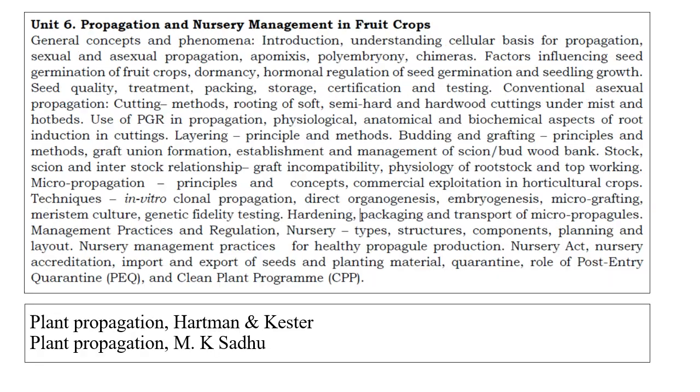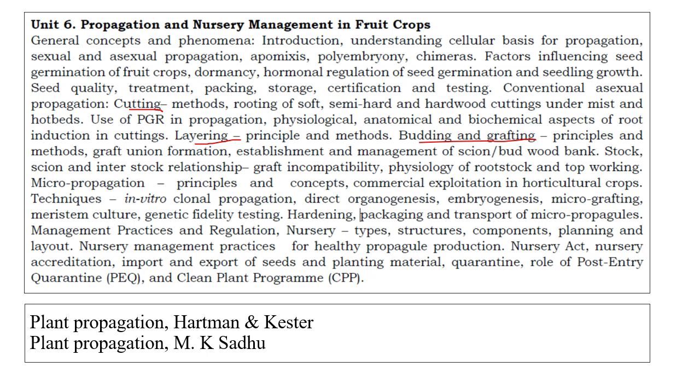Then unit 6, that is propagation and nursery management of fruit crops. A good number of questions come from this unit also, so we should be very familiar and thorough with the basic asexual propagation methods like cutting, budding and grafting, layering, and also micropropagation.